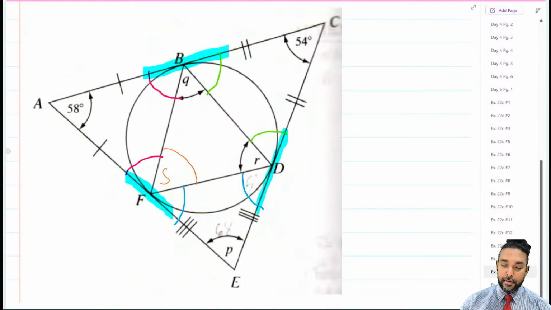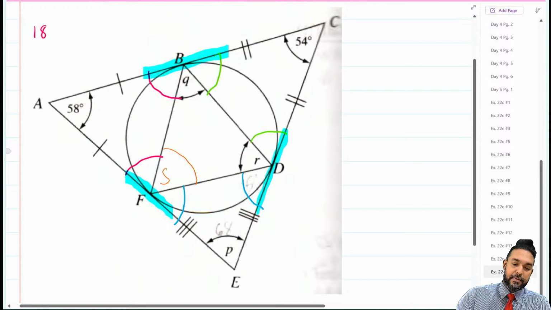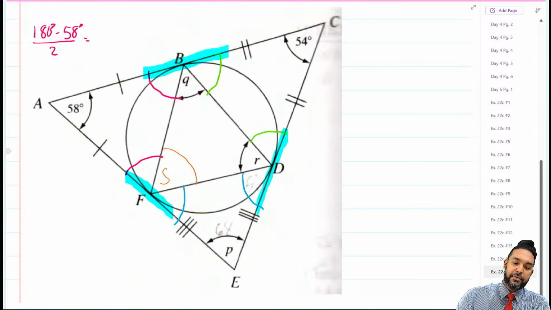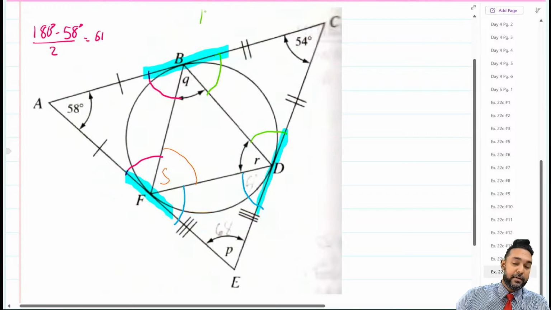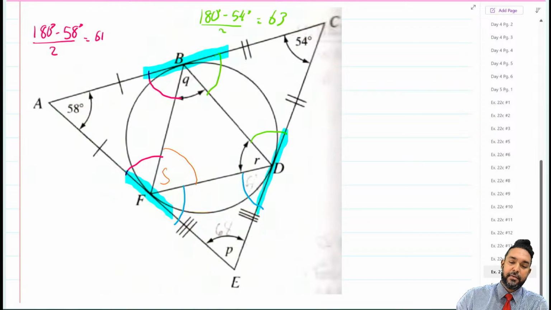Right, so to find the pink angles, that's 180 minus 50 divided by 2. That's 122, that's 61 degrees. To find the green, that's 120, that's 63.